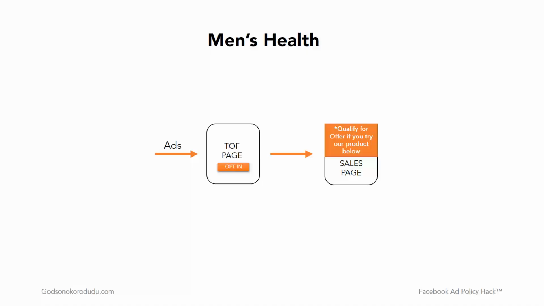So you qualify to get into the draws or whatever we do to select the winner of the free box of condoms or whatever. And if you try our products below, now below you're just going to include the sales page. The sales page you would have used if you had ads sending your traffic straight to that sales page, right? So you sell the person on the sales page.